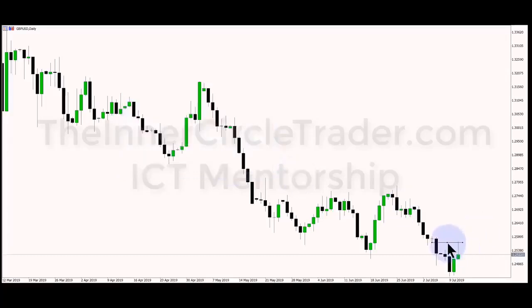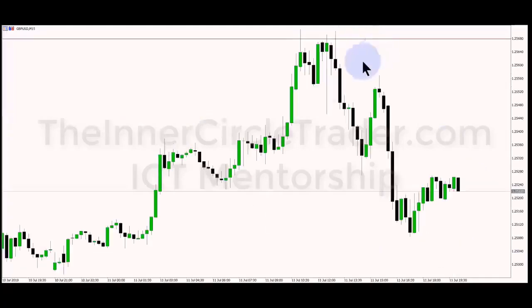Right there. Fair value gap, complete closure. Now I'm going to drop into a 15-minute time frame. And here we are, we have price trading up into that.